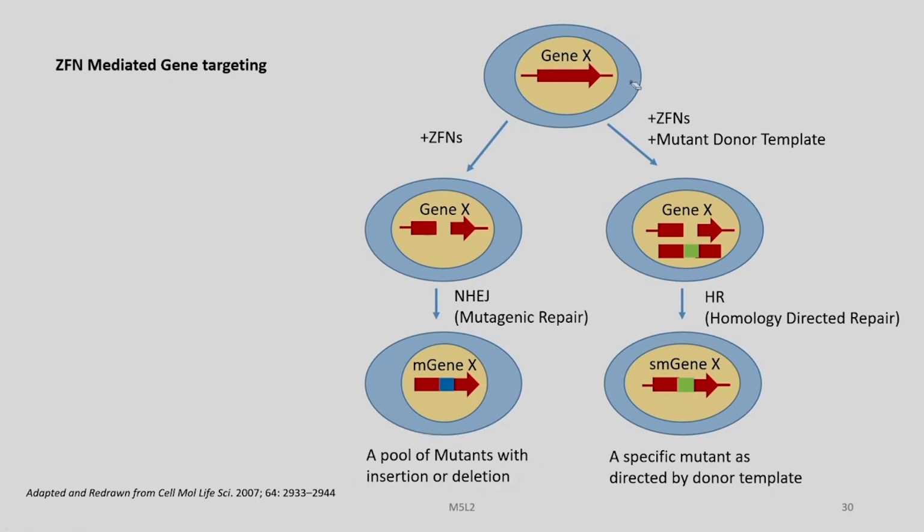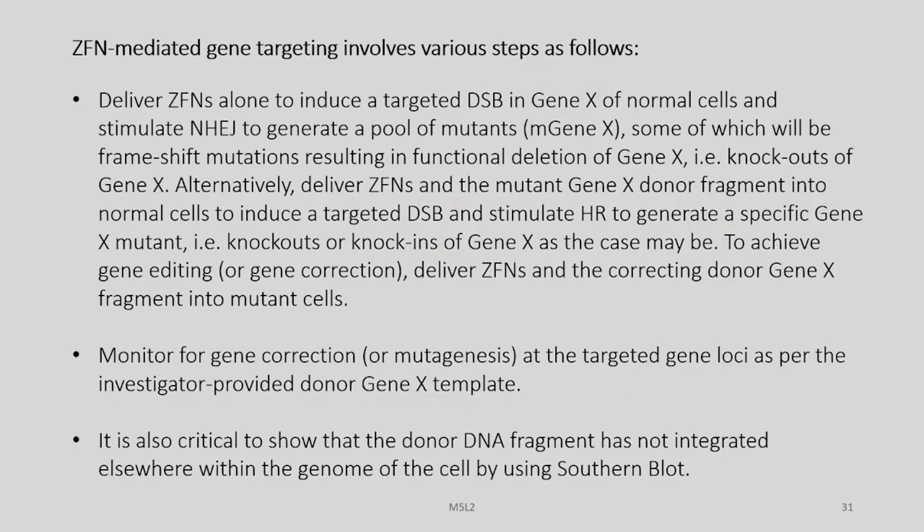Now, similarly, if we add engineered zinc finger nucleases, and we also add some mutant donor templates, there will be template dependent repair in this case, which is due to the homology directed repair, and then we get here a specific mutant which is directed by the donor template. So, this is the strategy by which we use the ZFN mediated gene targeting.